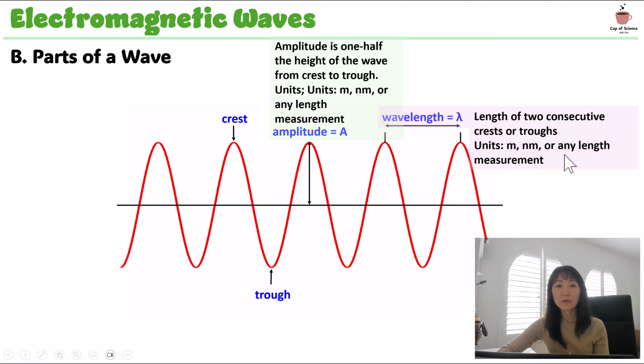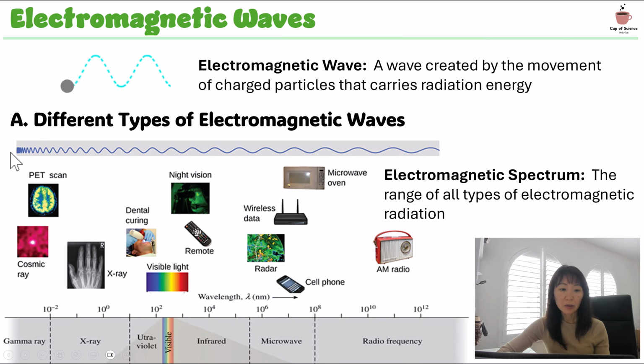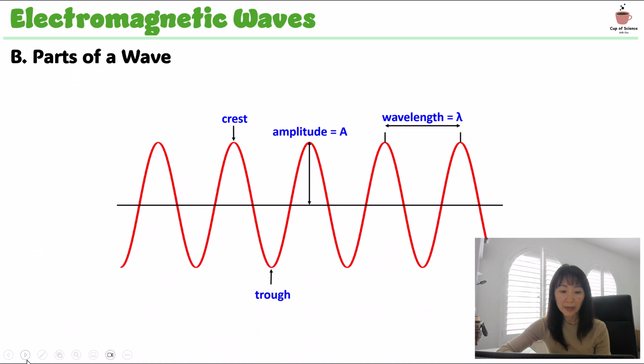I mentioned in the previous slide that the shorter the wavelength, the shorter the distance from crest to crest. As it shortens, you're looking at this region, and for a longer crest to crest distance, you're looking more towards here. All right, let's go back and move on.